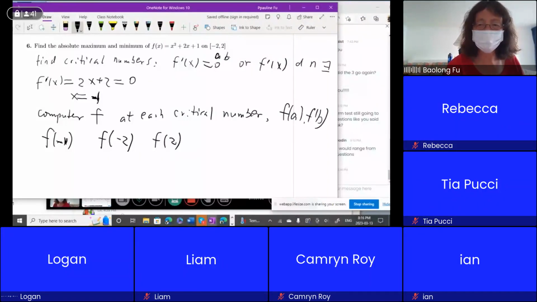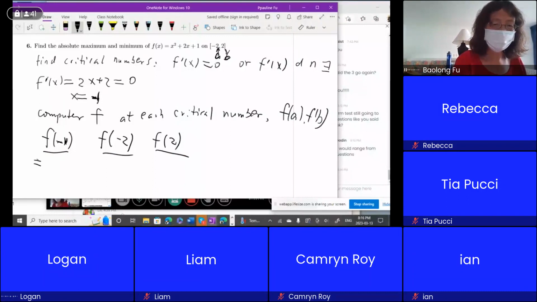One is a, the other is b. So out of these three numbers, find the maximum, that is the absolute maximum. Find the minimum, that is the absolute minimum. So let's find it. What is f(-1)? Remember, this is f, not f prime. So plug -1 into the original function.